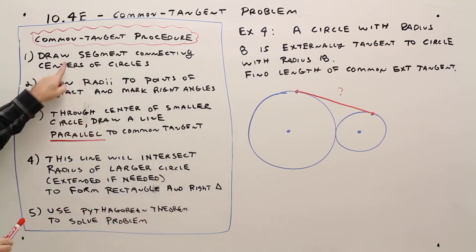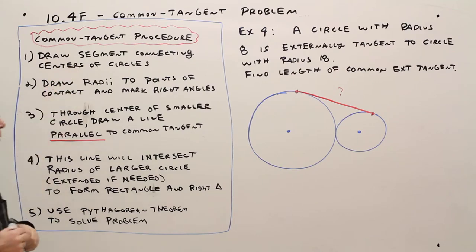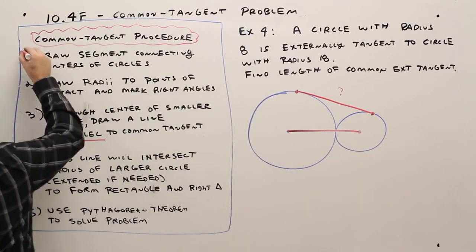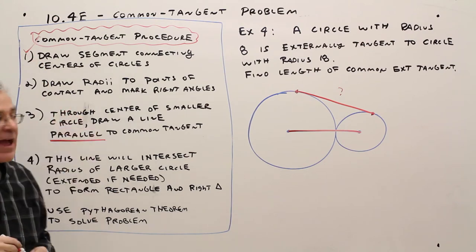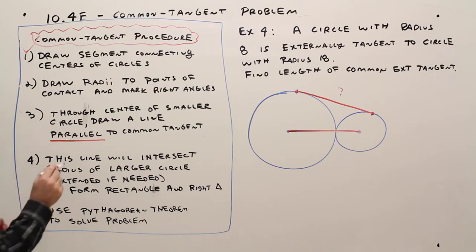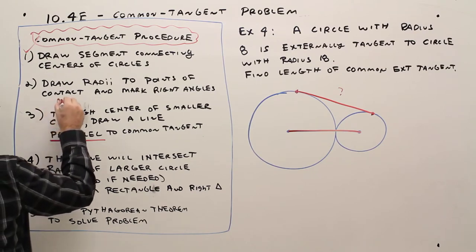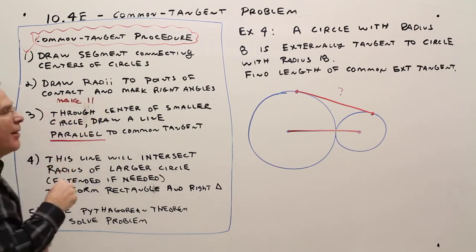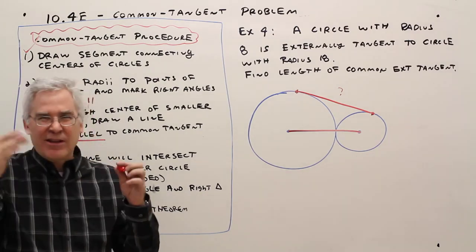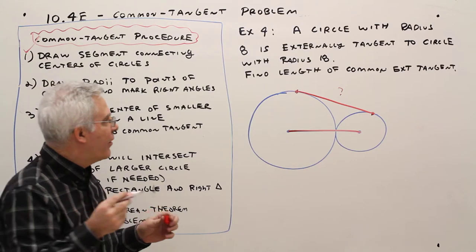All right, draw the segment connecting the centers of the two circles. Done. Draw radii to the points of contact and mark right angles. And let me make one more note. Make the radii parallel, otherwise it doesn't look good and you can't figure out what's going on in the rectangle.